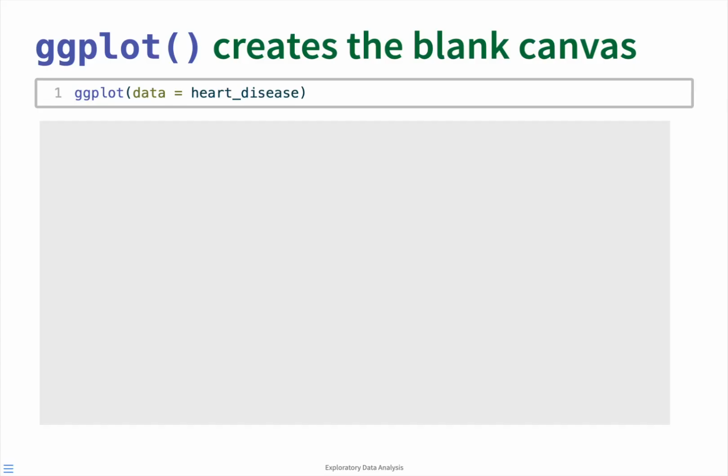So ggplot, the function ggplot that we saw a couple of slides ago, creates a layer in your graph. We have some code up here with just the ggplot function and a data frame that we're supplying to the data argument. And when we run this, we get a blank gray canvas because the ggplot function by itself just creates the canvas on which we can draw our graph.